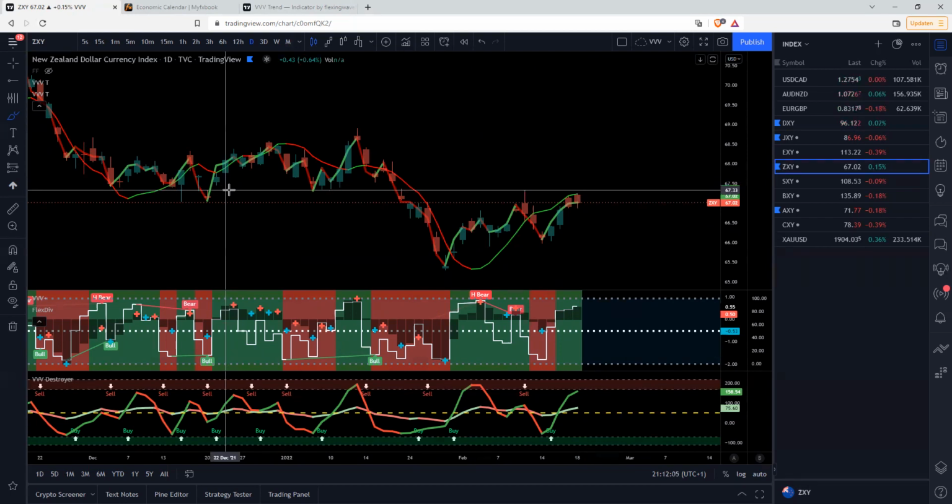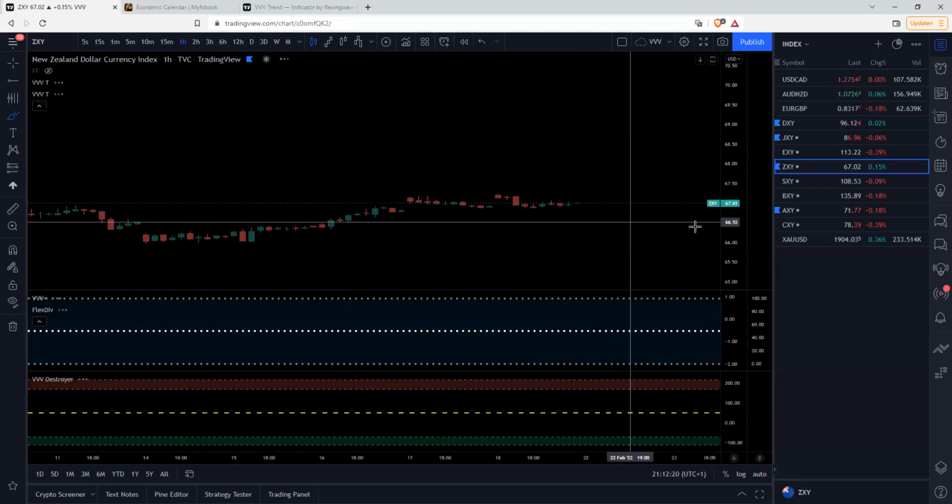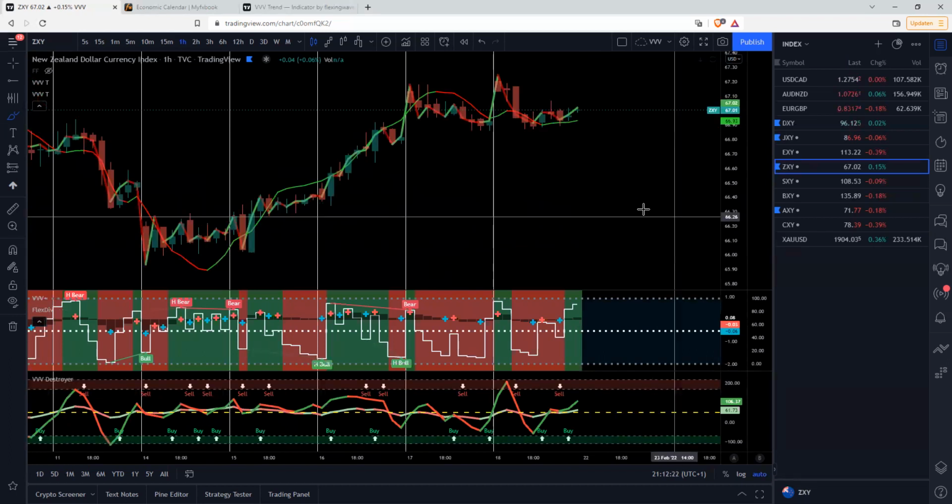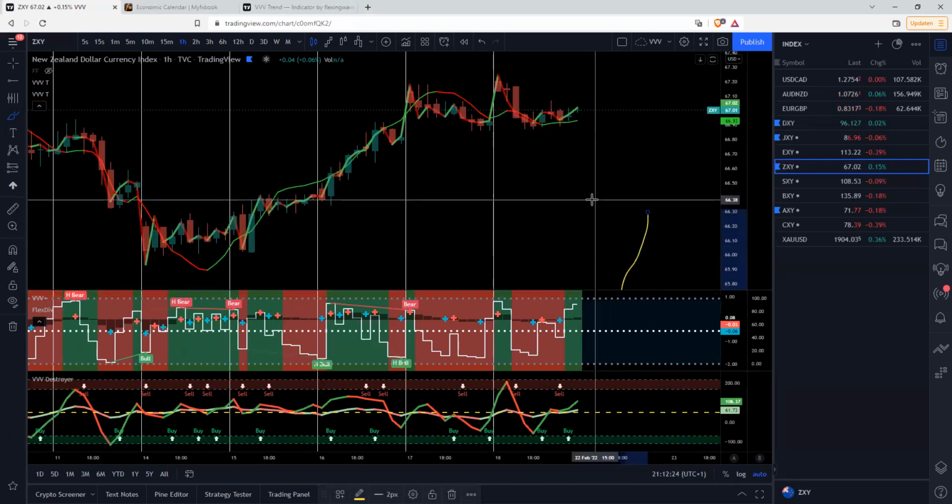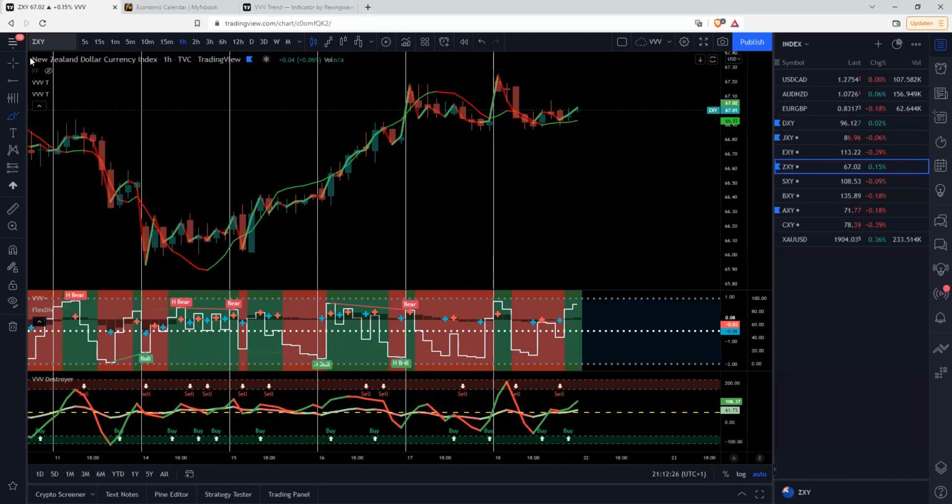I see on the weeks. Yeah, that's possible. But this was the retest already made on the previous support. Let's see on smaller time frames for the New Zealand dollar. It's pointing up.